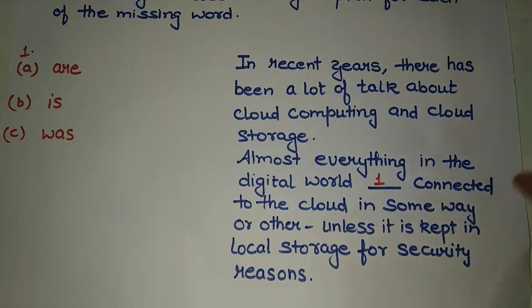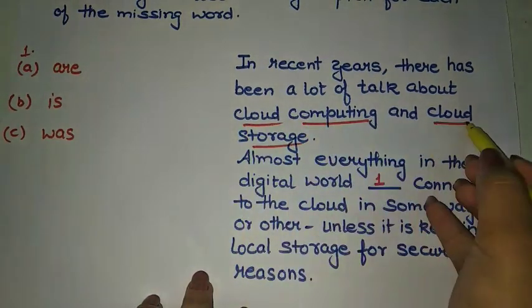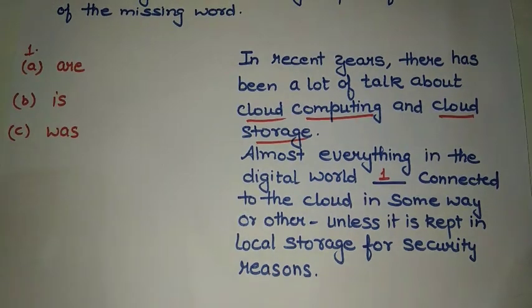Basically what I am trying to do is, by reading a few lines from the paragraph, you can get the idea about the topic that is being discussed in the paragraph.